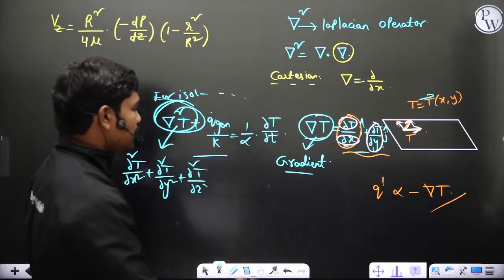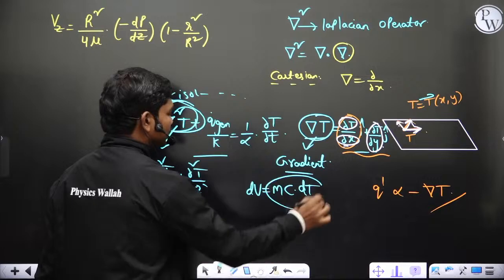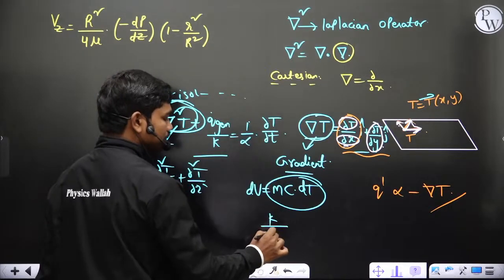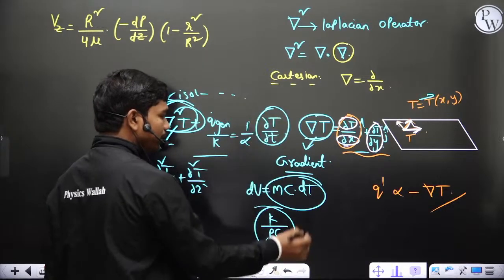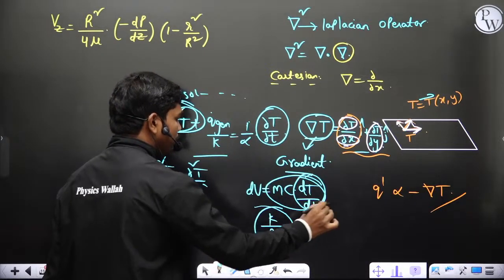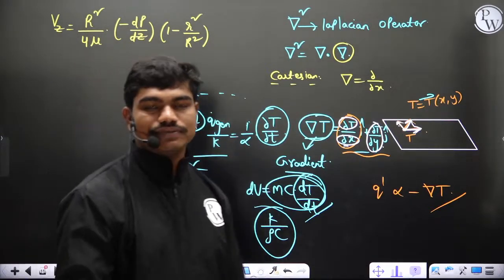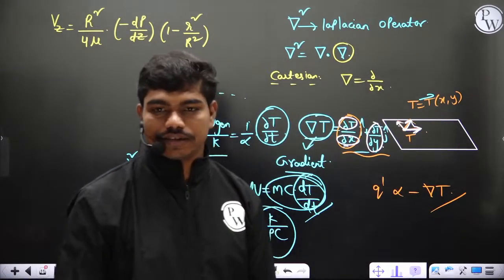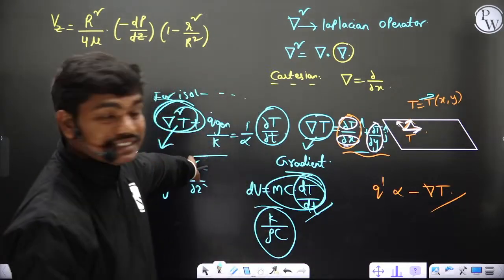For solids, change in internal energy is nothing but m c dT. So if you substitute here, this k by ρc, alpha, is what we get on the right hand side, and this term will be from dividing this with time. All these things you can easily do from the Reynolds transport theorem very simply, like 2-3 steps maximum. Even if you know the Gauss divergence theorem, still you can do this very easily.